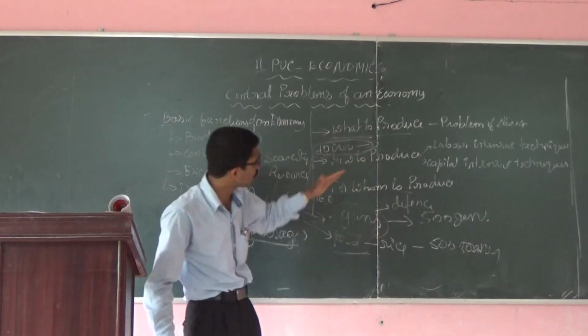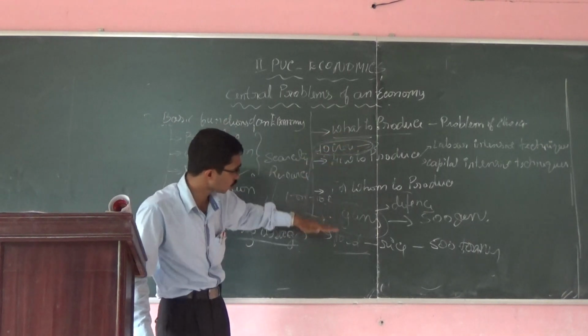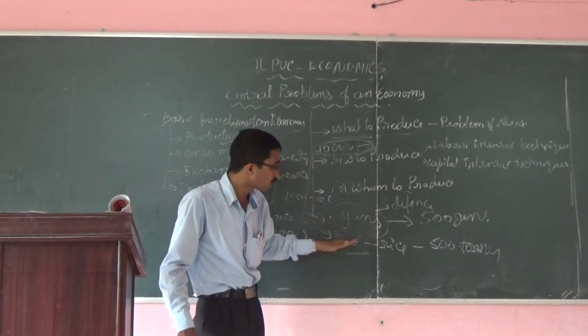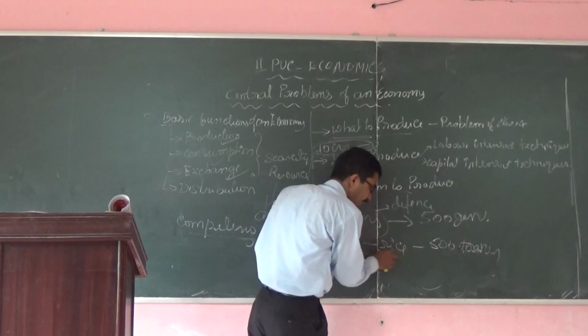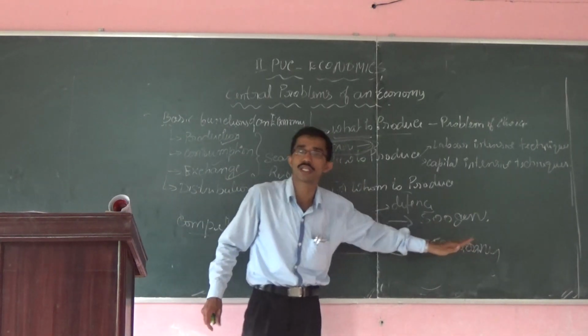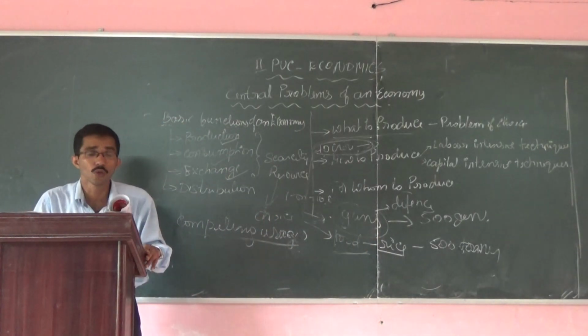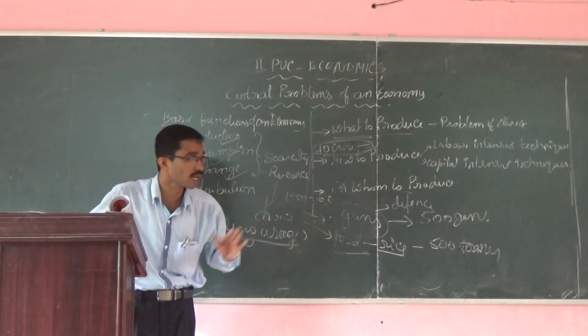The same 10 crores worth of natural resources can be used for the production of food, for example rice production of 500 tons, fully used for consumption purposes.